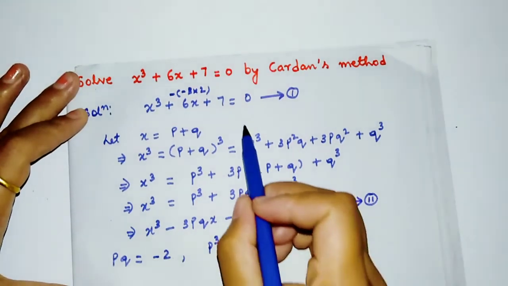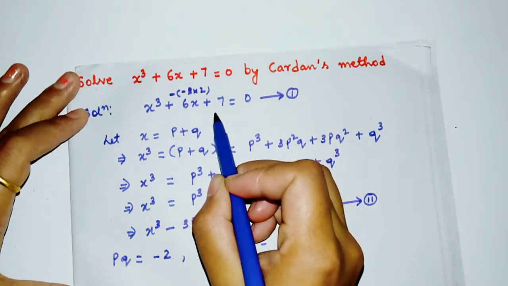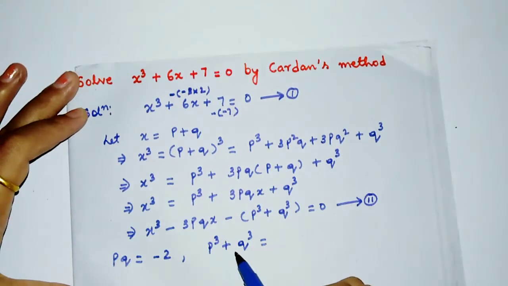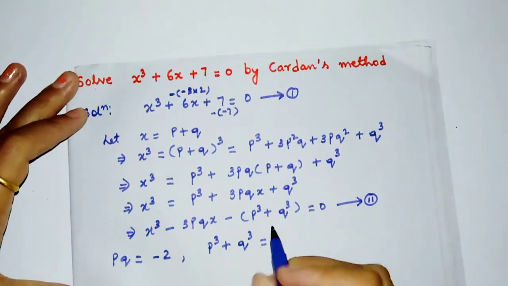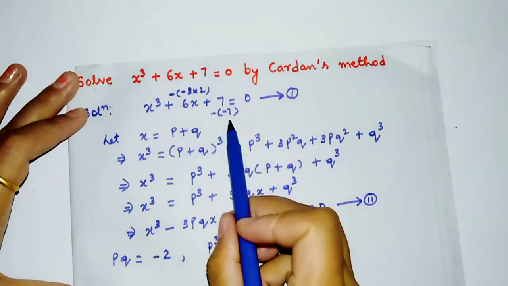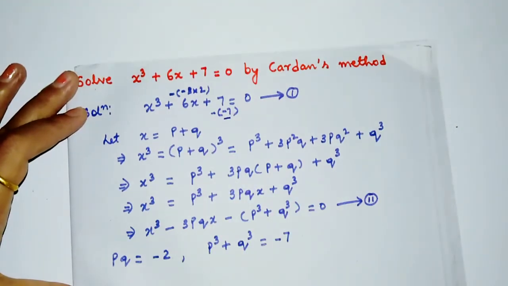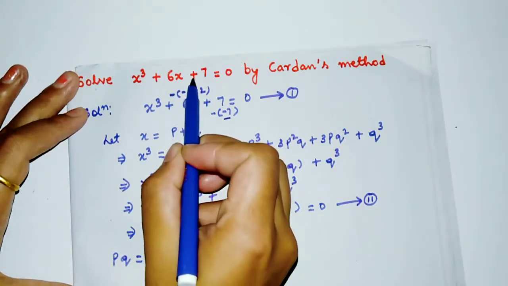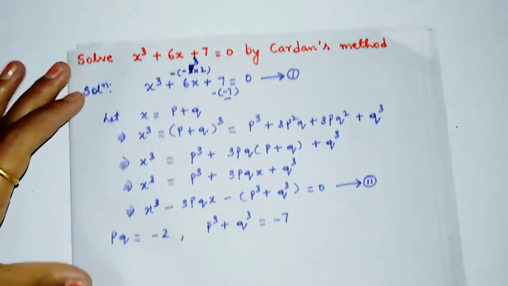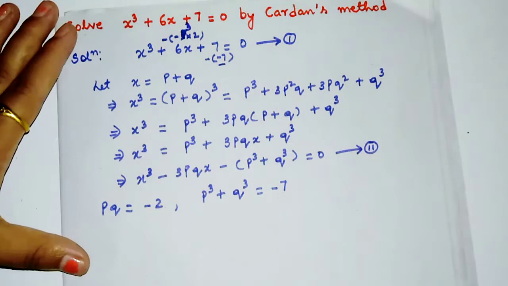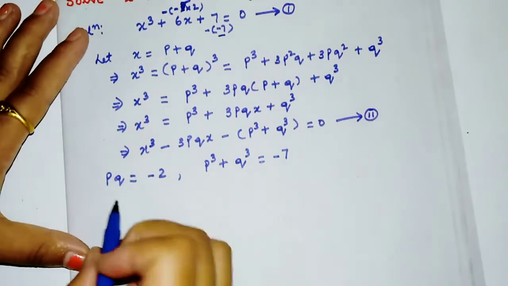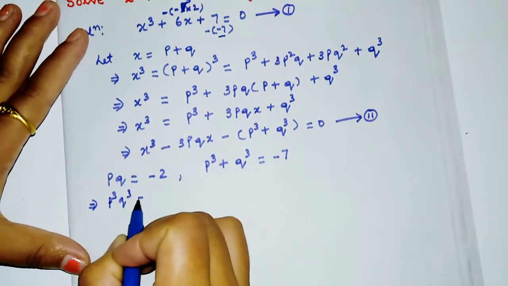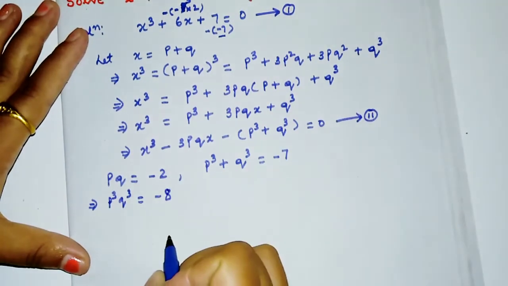It is equal to minus into minus 7. So our p cube plus q cube is equal to minus 7. This one is 3. And then we cube this one. Then we get minus 8.